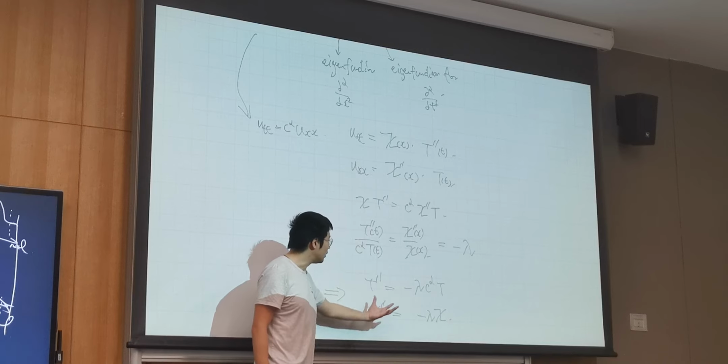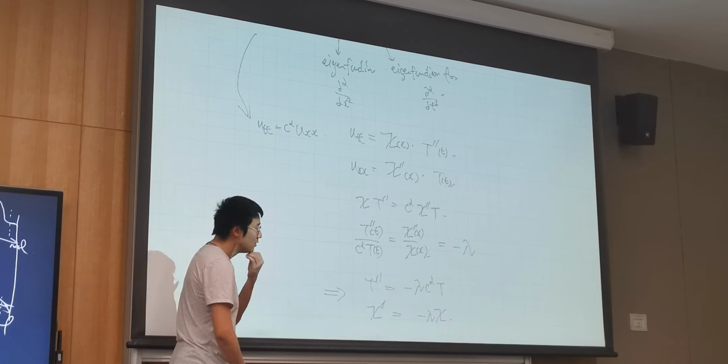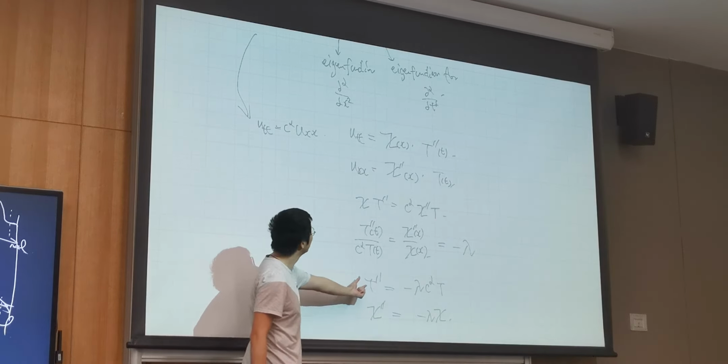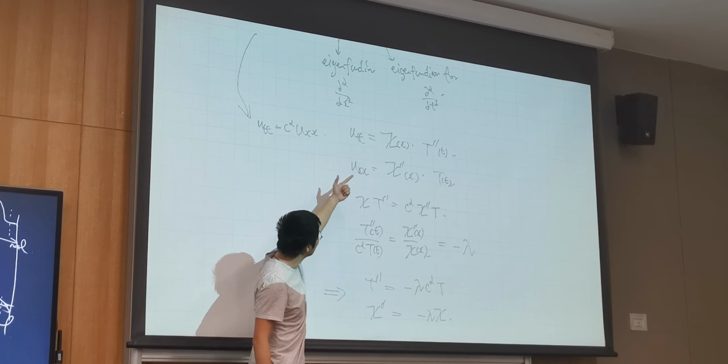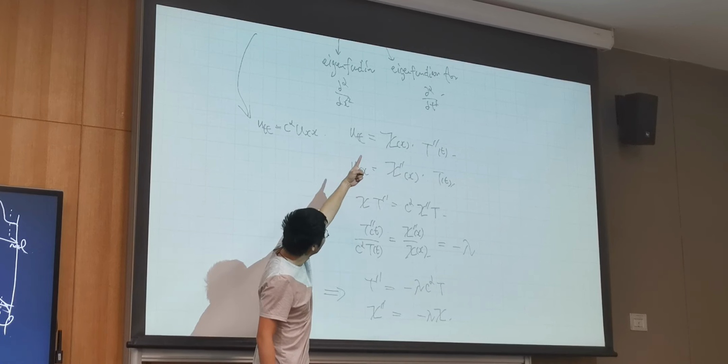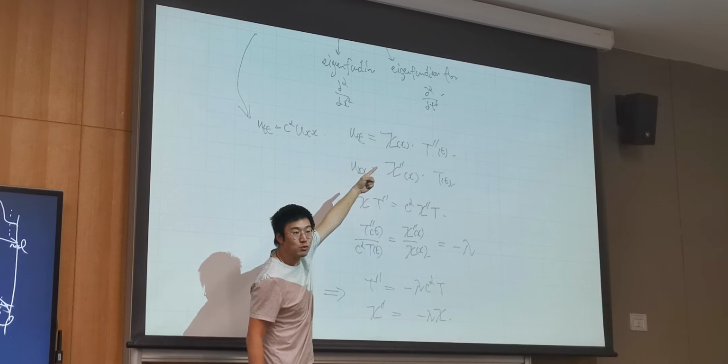Well, now, what do we have? T is an eigenfunction for the second order derivative, right?